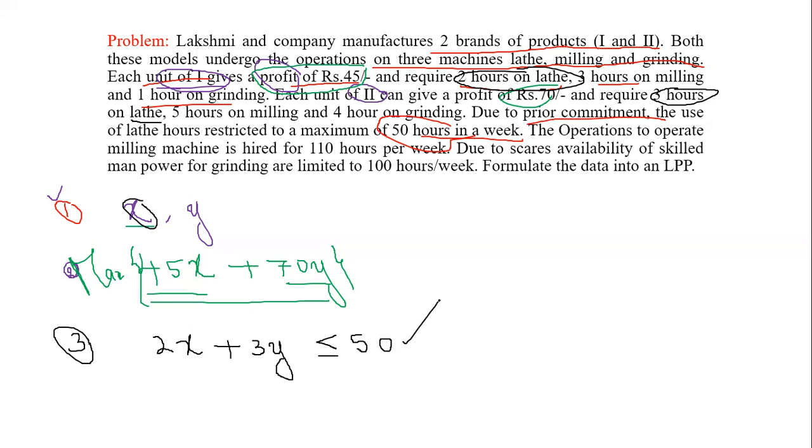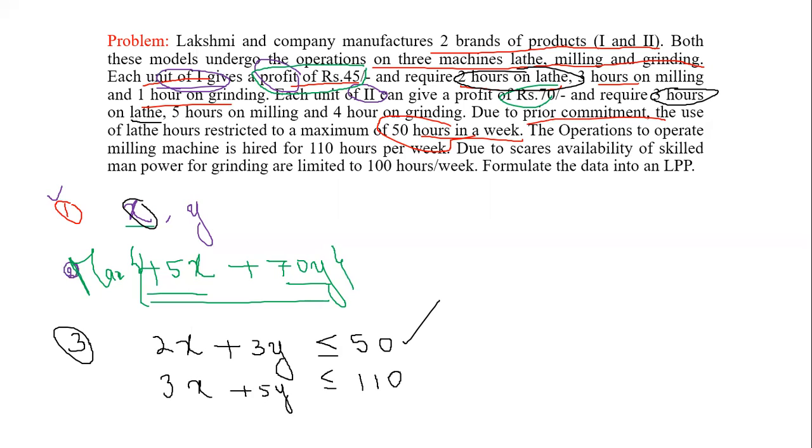This leads to one constraint, for the lathe machine. If you take the milling machine, the information is 3 and 5. You just vary the coefficients: 3x plus 5y. Again, there is a restriction, a maximum of 110, so less than or equal to 110. This is the constraint on the second machine.